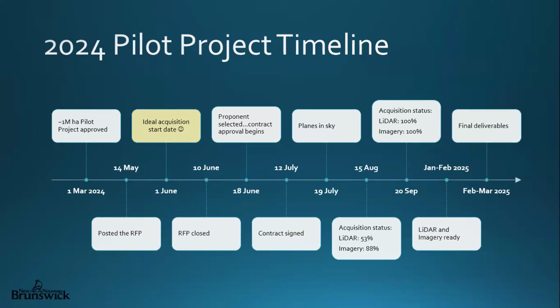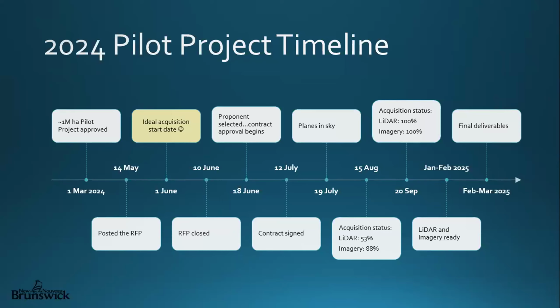Halfway through August, we had more than 50% of the acquisition completed for both the LiDAR and the imagery. And we were happy to report that there was 100% acquisition status by mid-September, which was our deadline anyway for leaf on.